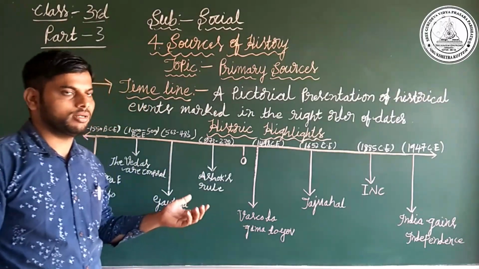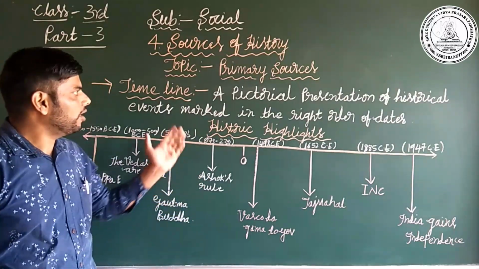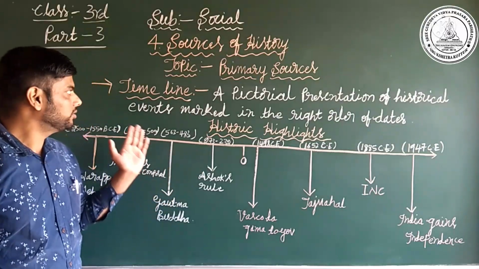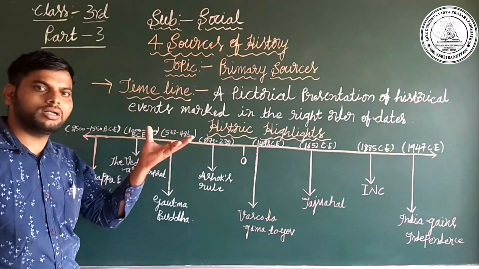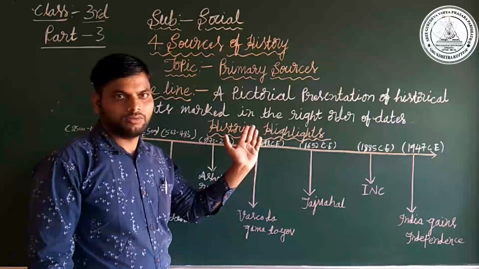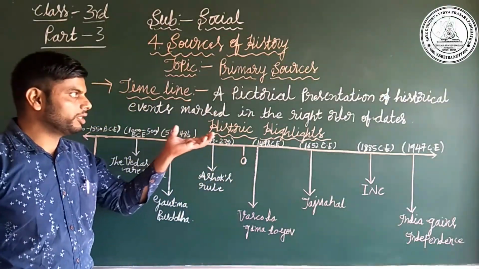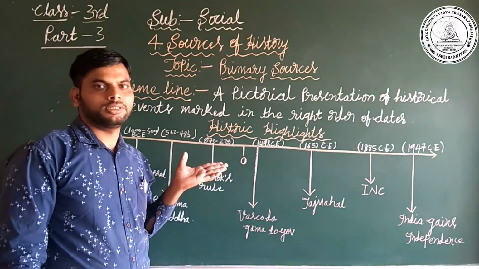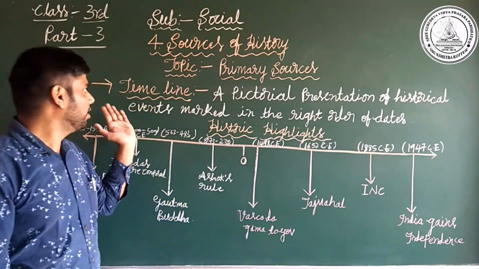Here the word pictorial, pict, means picture. It explains or gives information through pictures. Through the picture it gives information about past events along with the dates. Students, what is a timeline?